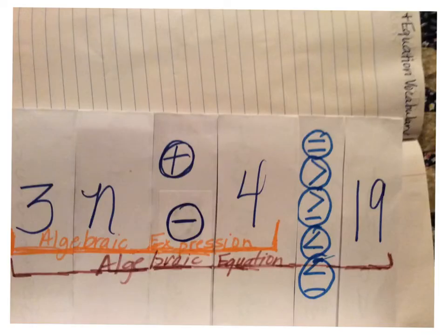When it includes the expression plus an inequality, which is an equal sign, less than, greater than, or equal to sign, then plus an answer, that is an algebraic equation or inequality. Make sure that you have all of this written down. The next thing you're going to do is put it in your interactive notebook on the page that you labeled algebraic expressions and equations vocabulary.